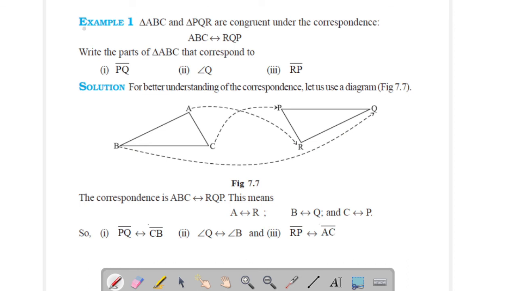Now come to example 1. Triangle ABC and triangle PQR are congruent under the correspondence triangle ABC corresponds to triangle RQP. Write the parts of triangle ABC that correspond to the given parts. See here, this is your triangle ABC and PQR.